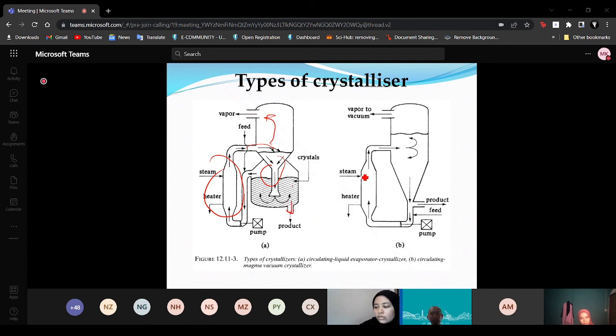This one is the same, only in vacuum form. This one is not vacuum. The advantage of vacuum is that the heat you need to supply is not as high compared to the one without vacuum.